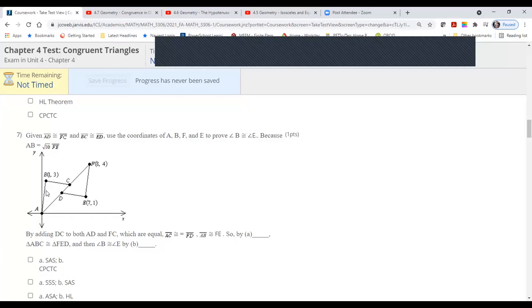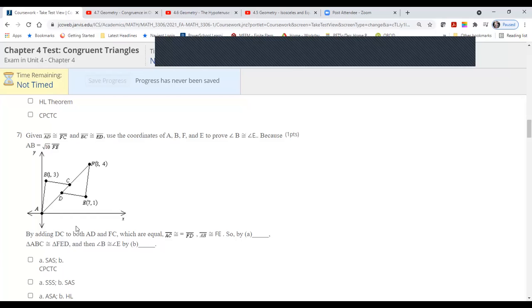So AB equal to square root of 10 times FE. Okay.